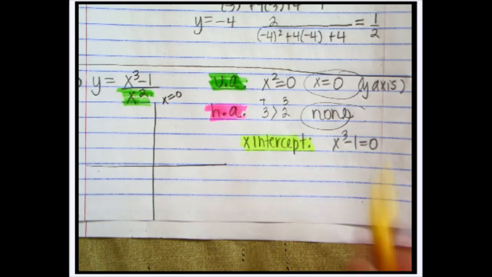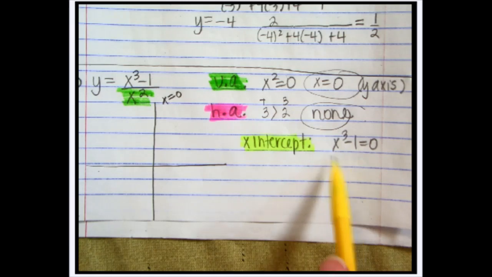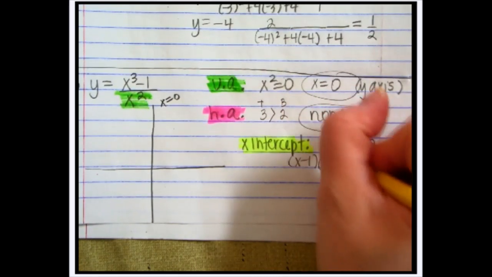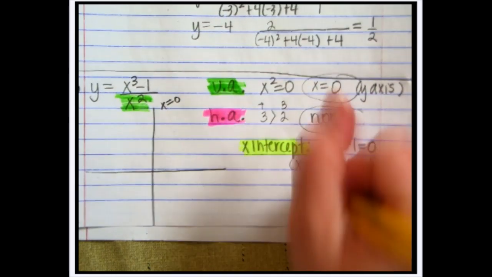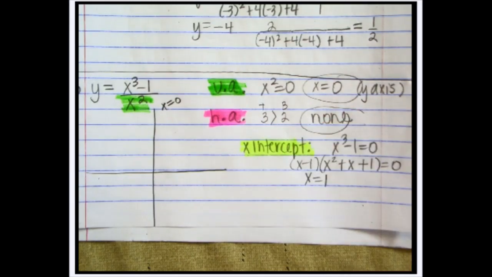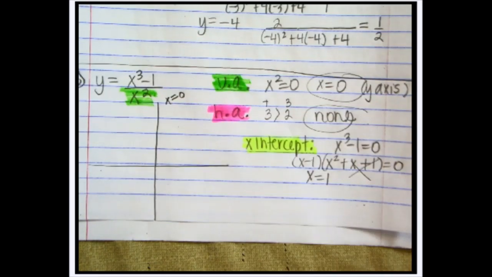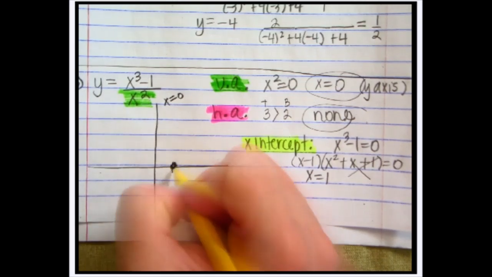However, this is when we have a difference of cubes, and so we would factor it into x minus 1 times x squared, and then we change the sign and square this last one. And so we do get x is 1. Now, we should get 2 more answers, but these 2 are always imaginary, so I'm not even going to worry about that. So what I do know, though, is that I do have an x-intercept of 1. So I'm going to go over here to 1 and put an x-intercept.